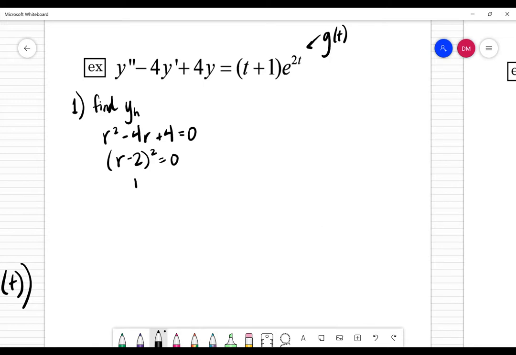So I made this also a little challenging in that way. We have for our y sub 1 e to the 2t. But remember, whenever we have a repeated root, we are going to have to add an additional factor of t to that solution for y sub 2 there. Okay, so there's y1 and y2, and then our homogeneous portion of the solution would look like this.